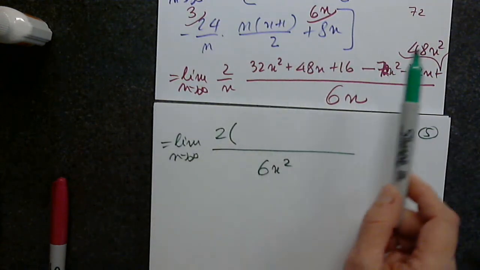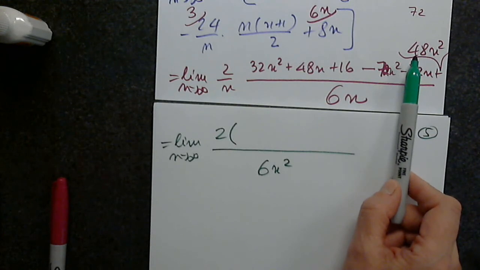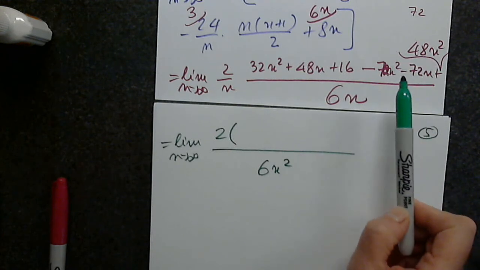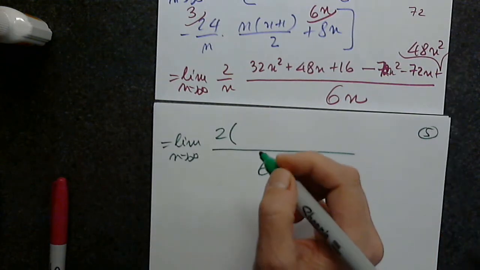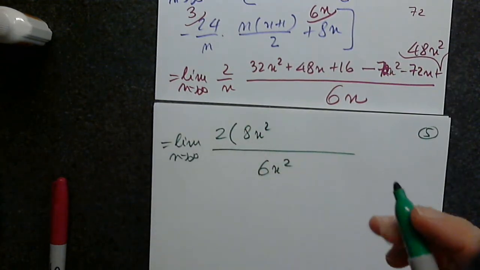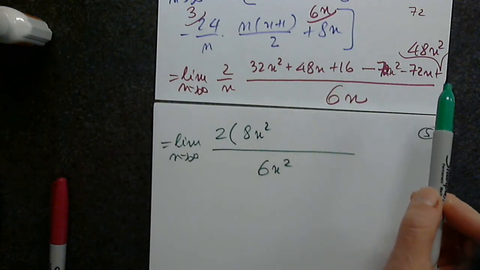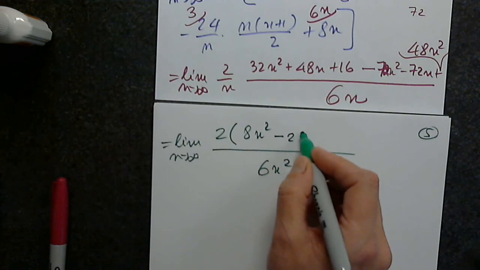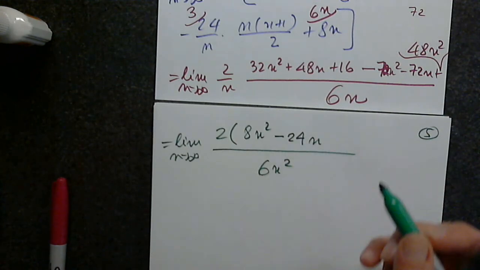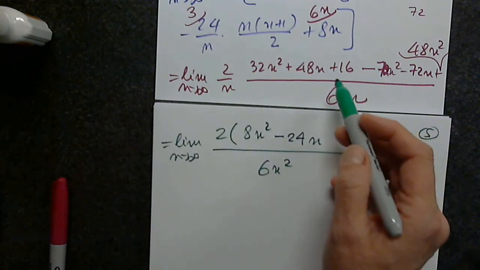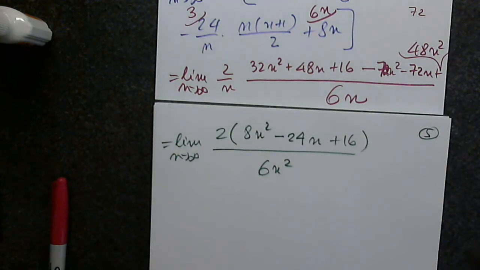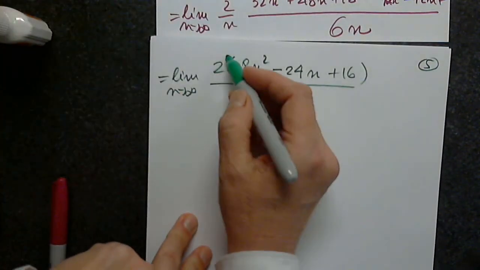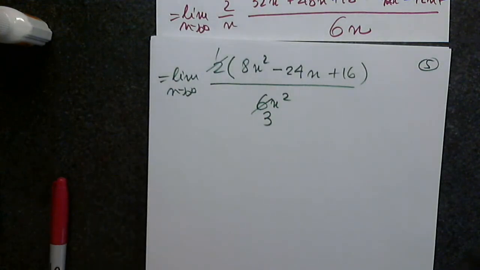So 32 and 48 is 80. 80 minus 72 is 8. 48 minus 72 is negative, is it negative 24? n. And then plus 16. I will simplify, and I do get 8/3.